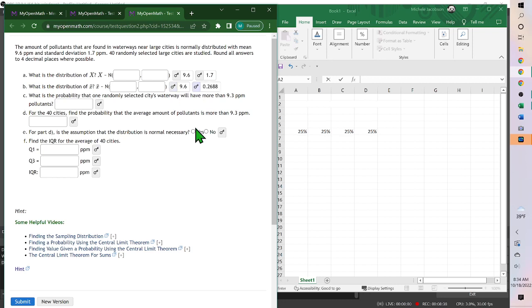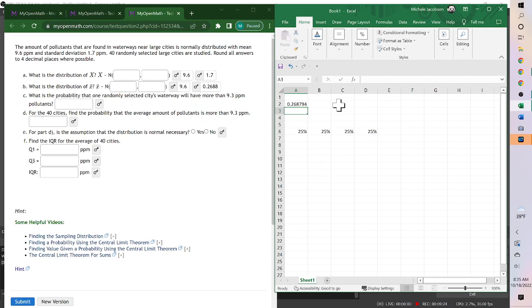To find the standard deviation, it's equals the standard deviation from the population, 1.7, divided by the square root and then the sample size, which was 40. So when it's using the sample of 40, you use part B. Part A does not.